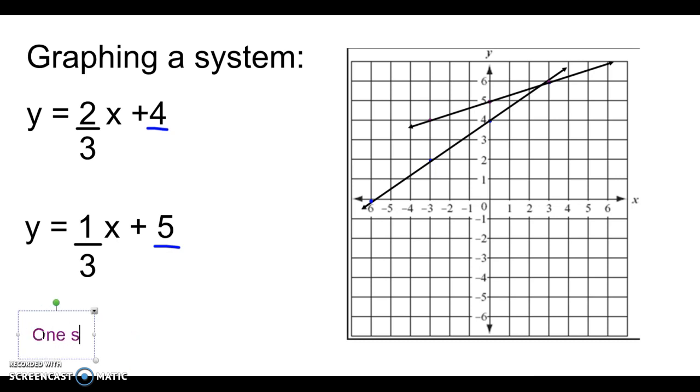So our x value of where they meet is at positive 3, and the y value is positive 6. So we would write that (3, 6).